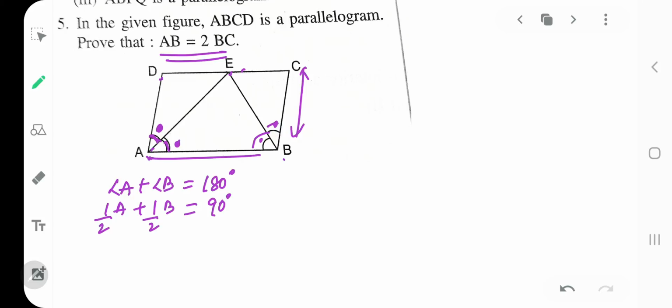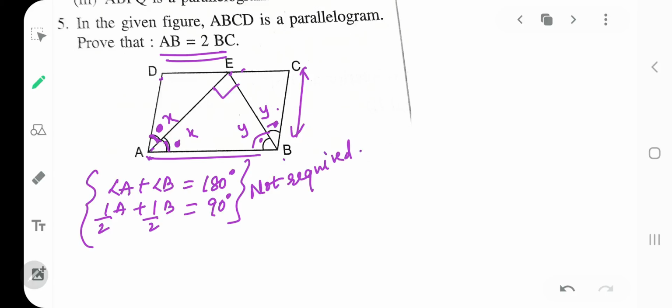Once I got that, I think this is of no use, so not required. Now, my dear kids, as we have been given that DAE is equal to EAB, and here it is given CBE is equal to EBA.